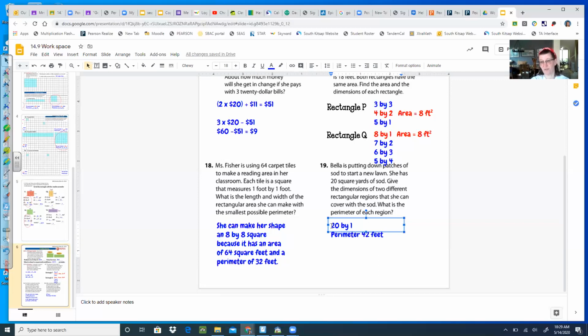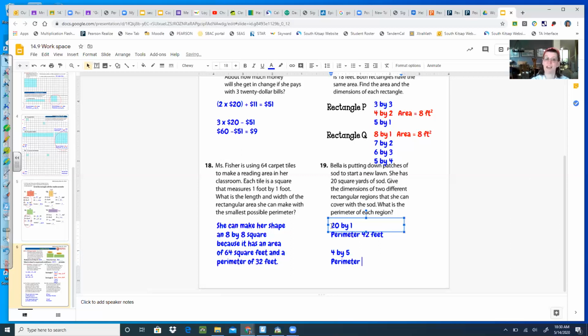Nothing times itself is 20. We get close with 4 times 4 is 16 and 5 times 5 is 25, but doesn't work out perfectly. But I could do 4 times 5. So we could do a 4 by 5, and then its perimeter.